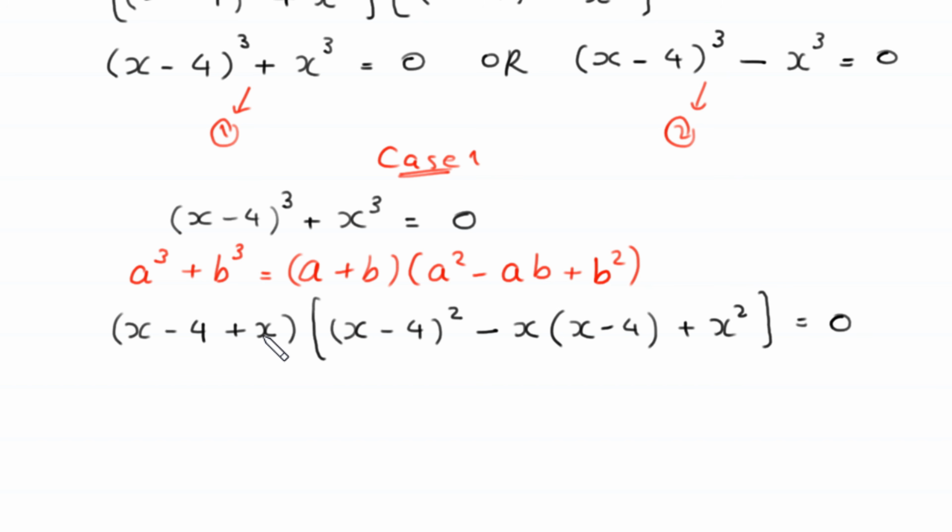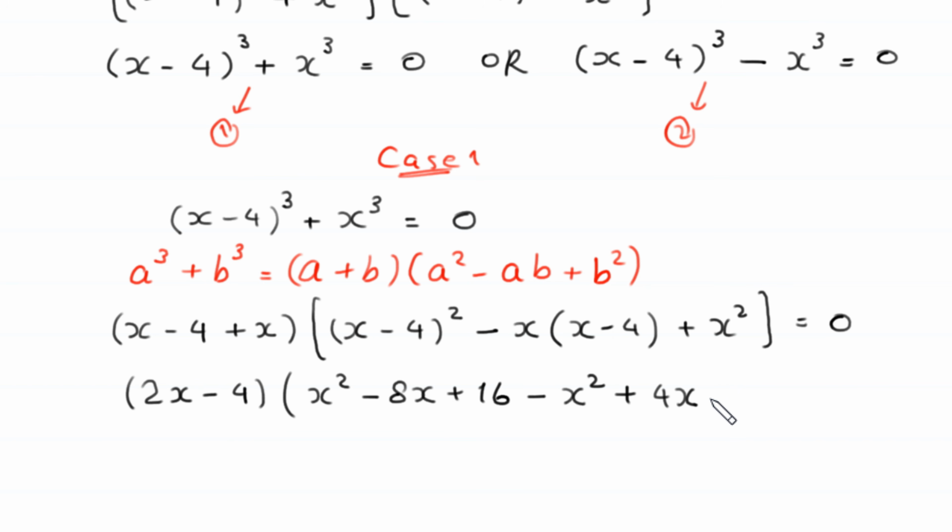Now this x plus x will become 2x − 4, times this (x − 4)^2 which will become x^2 − 8x + 16, negative x times x is negative x^2, negative x times negative 4 is plus 4x, plus this x^2, is equal to 0.